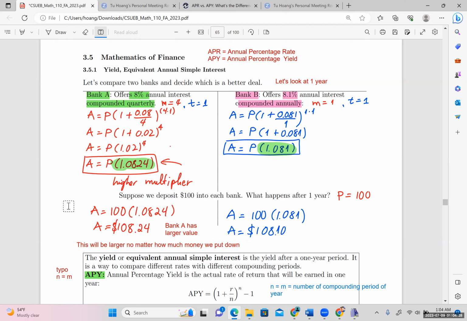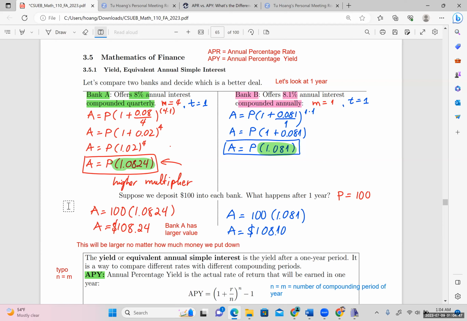If you start with any amount, such as 1,000 or even 10,000, for both cases A and B, you always end up with bank A having the larger value.